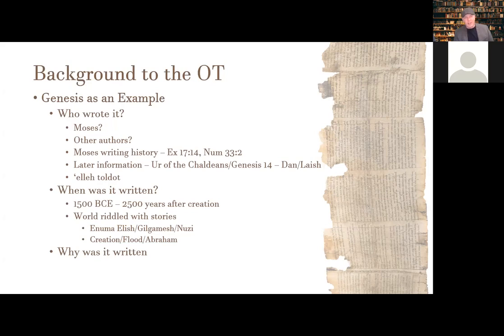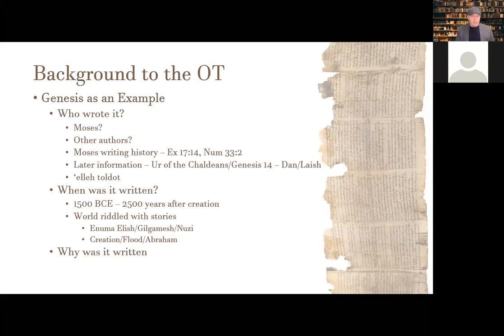I also believe that God can inspire other people to include scribes to come later on and clarify a text or add something to the text that would edify the readers later on, especially us today. When we talk about later information, here's a couple of examples of where this comes in.